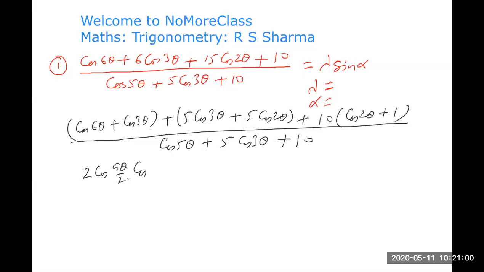And instead of that, we must take cos 6 theta plus cos 3 theta plus 5 outside.